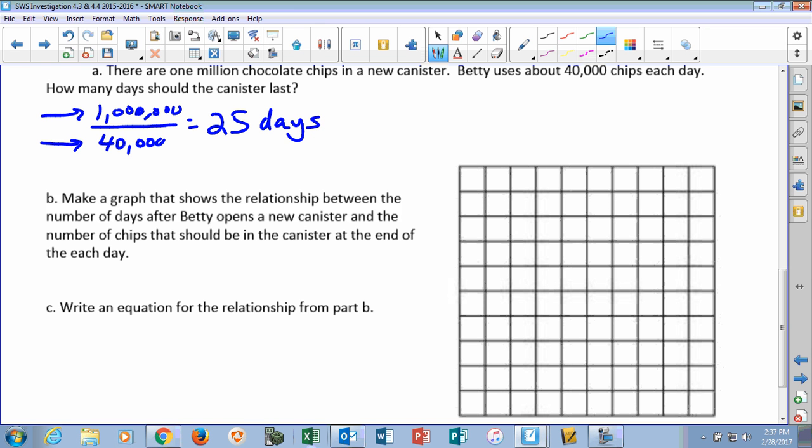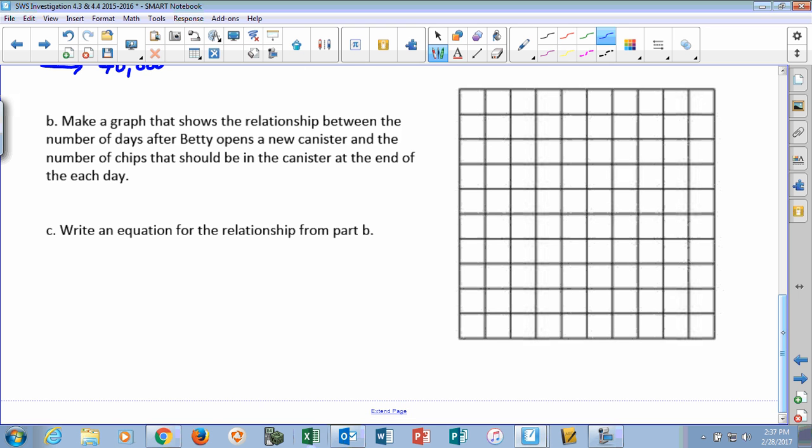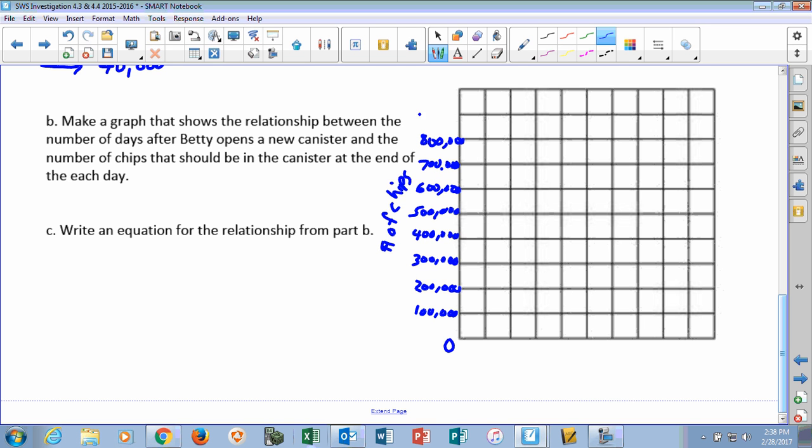So if we go ahead and graph this, if this side here is number of chips, obviously we have 0, and then we're going to go up really big here. So we have 100,000, 200,000, and so on, all the way up to 1 million, right?